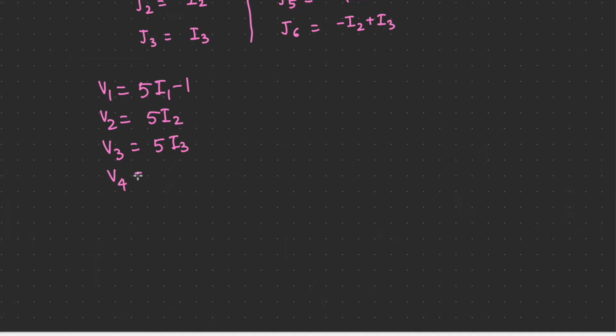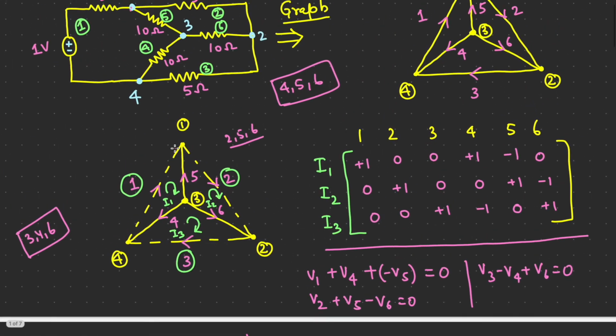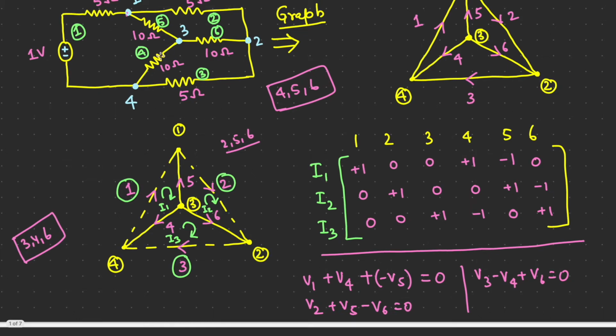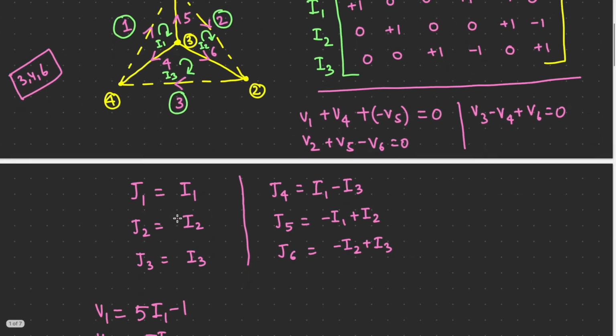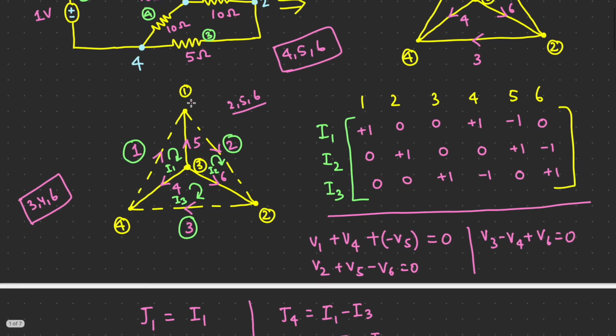Similarly V4 is branch number 4, which is a 10 ohm, so I can write 10 into J4, and J4 is I1 minus I3. Then V5 is again 10 ohm.